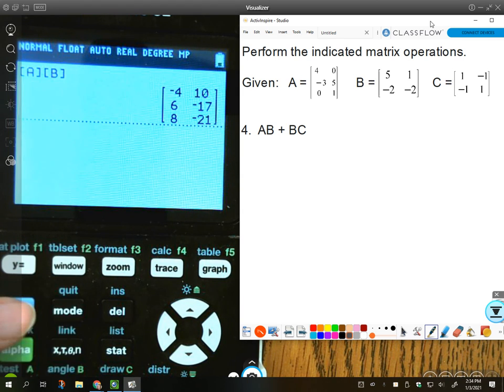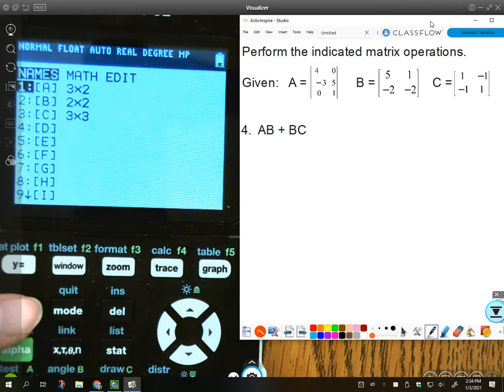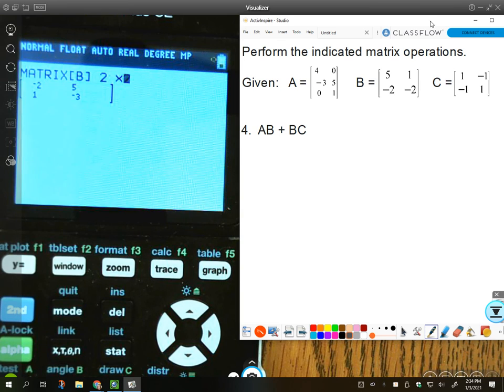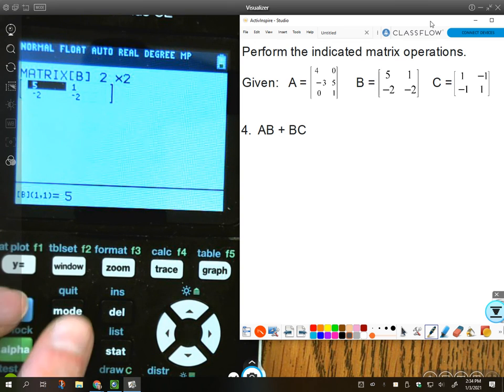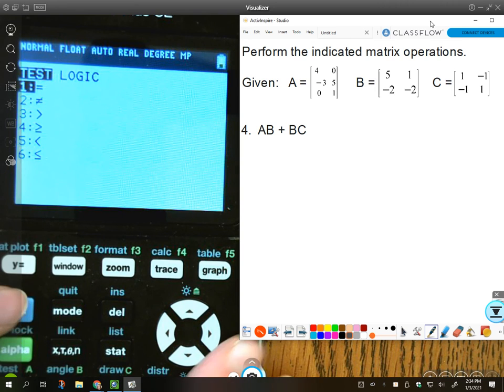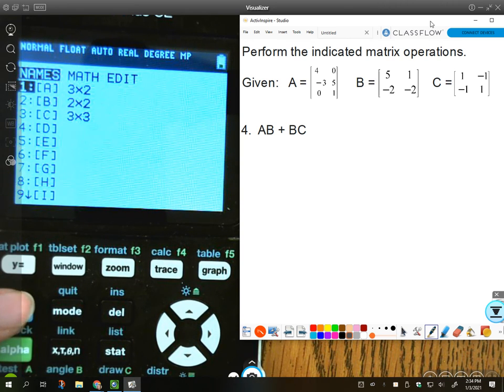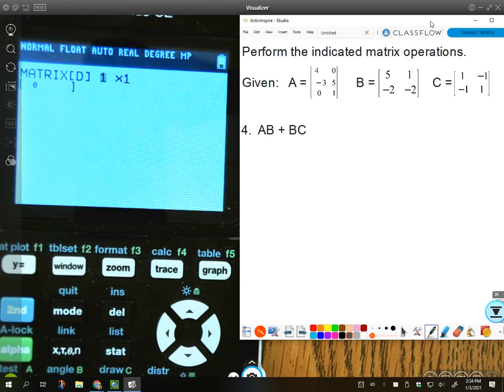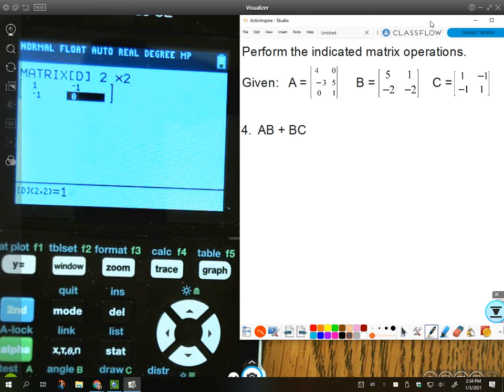Then we go back to our matrix menu, over to edit, and tell it that B is a 2 by 2 and has the numbers 5, 1, -2, and -2. Second quit out of that, go back to our matrix menu, over to edit, down to matrix C, which is also a 2 by 2, with the numbers 1, negative 1, negative 1, and 1.